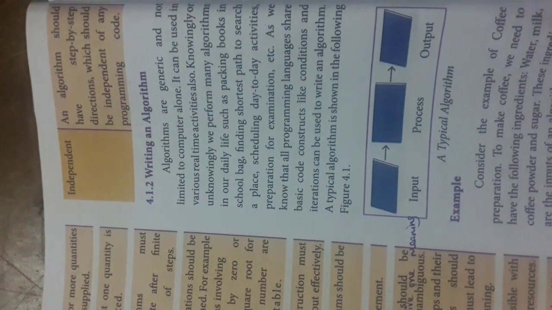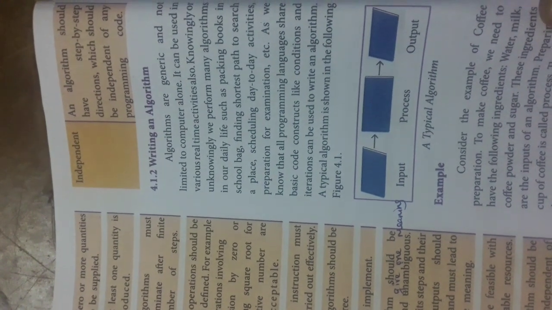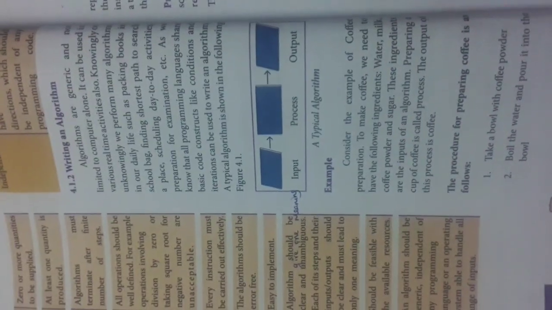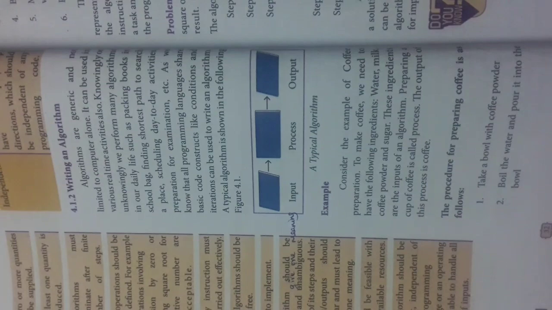You are going to add, so C is equal to A plus B. Using plus operator, we are adding two numbers. Then the output is stored in C variable. So print C. So this will be the steps for writing an algorithm to add two numbers.